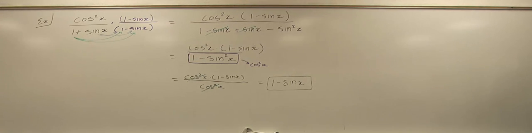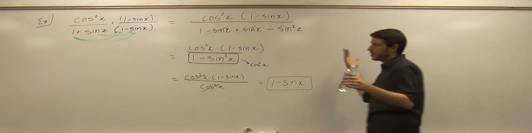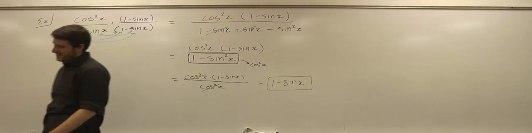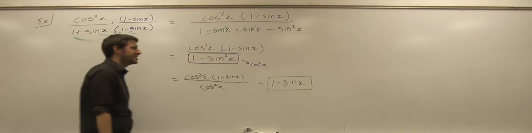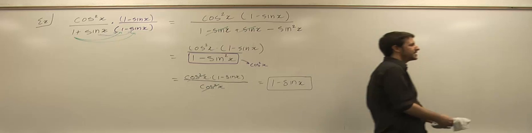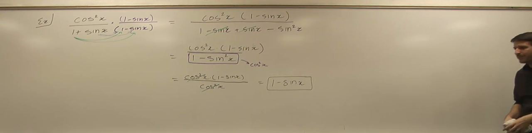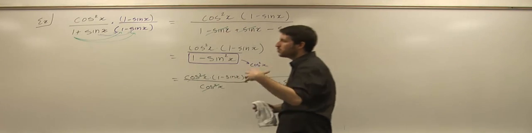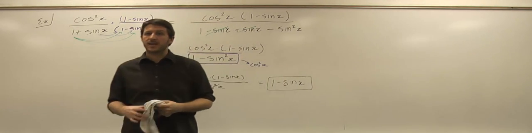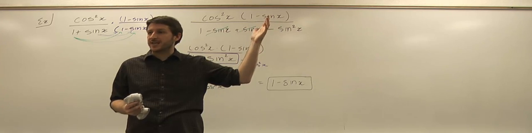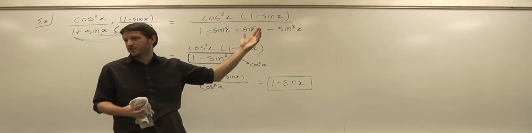If it looks like you're not getting where you want to get, you might just have to start over. Sometimes that happens. That's really annoying on tests. One thing I will tell you on tests as far as identities go: don't be shy. Raise your hand and say, Josh, am I ever going to get to the end with this? Is this going in the right direction?